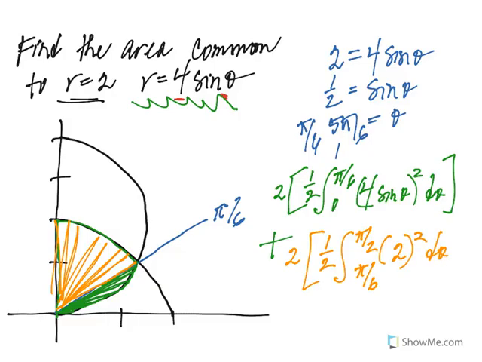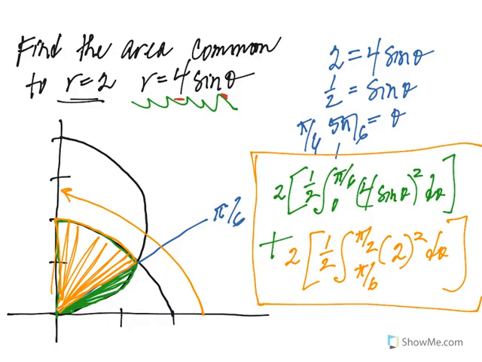That is (2) quantity squared d theta. And again, because I'm emanating from the pole out to this curve right here, which is r equals 2, it shifts from 4 sine of theta to 2 as I increase from pi over 6 all the way up here to pi over 2. The combination of these two areas gives me the common area, common interior to r equals 2 and r equals 4 sine theta.